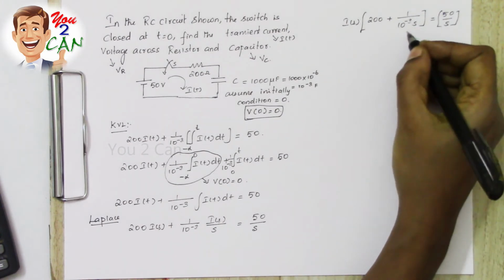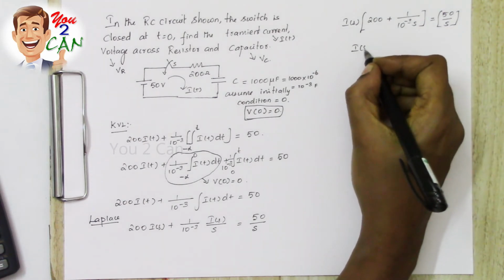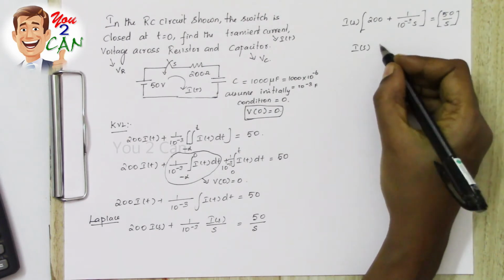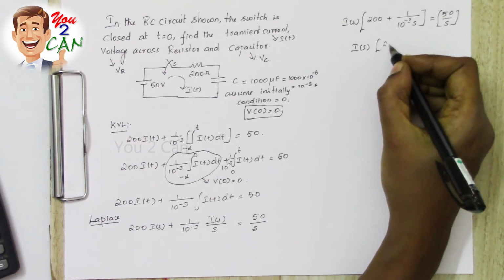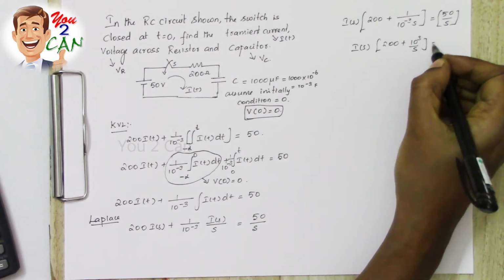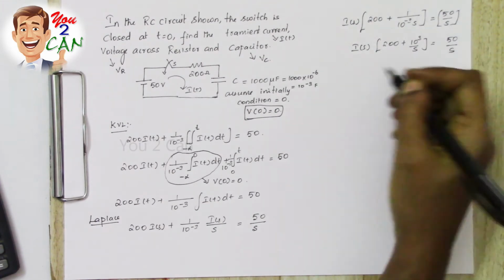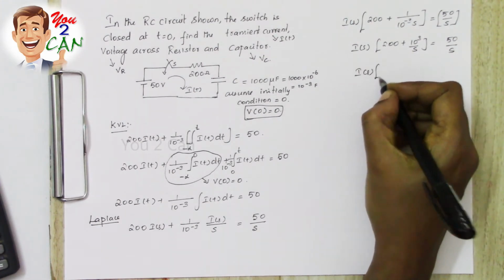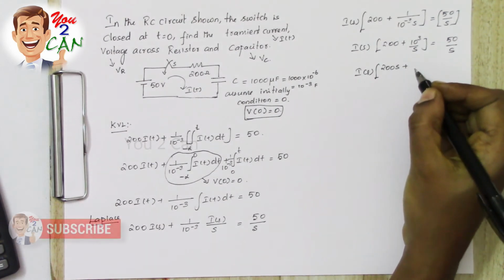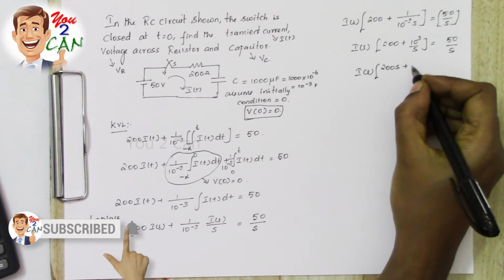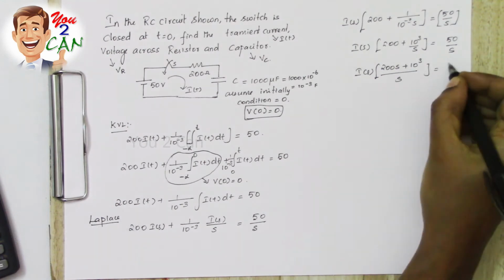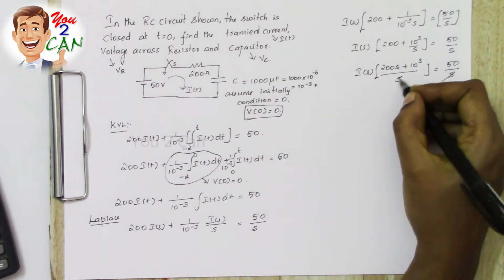What is 1 by 10 power minus 3? It means 10 power 3. That is, 200 plus 10 power 3 by s equal to 50 by s. Take LCM: 200 s plus 10 power 3 by s, equal to 50 by s. The s gets cancelled.